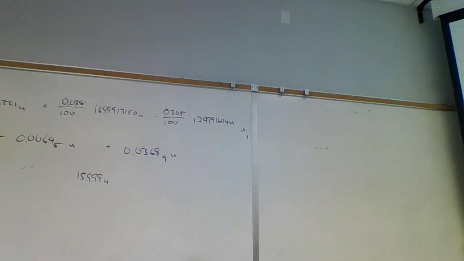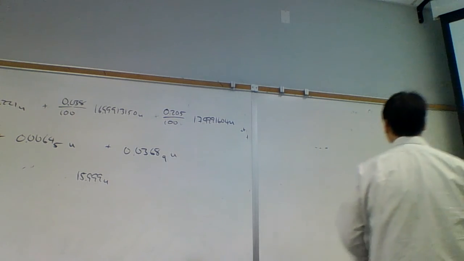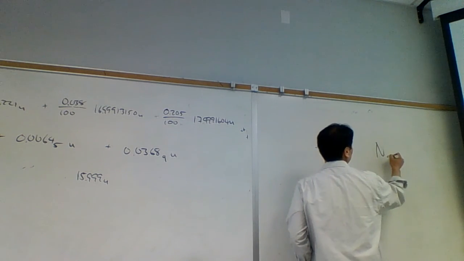I can tell, probably, what the most abundant isotope of sodium is. What do you think the most abundant isotope of sodium is? Sodium. Not the compound, but the most abundant isotope of sodium. I'm asking you this.